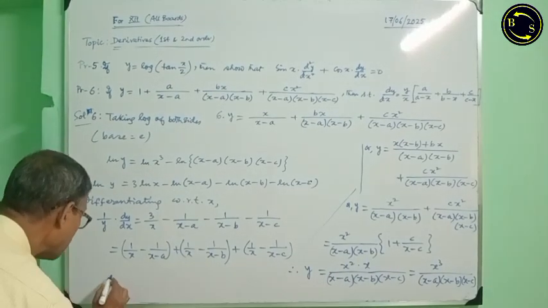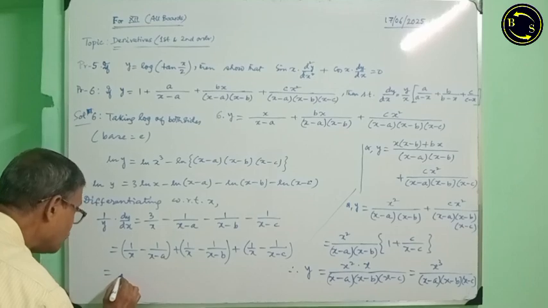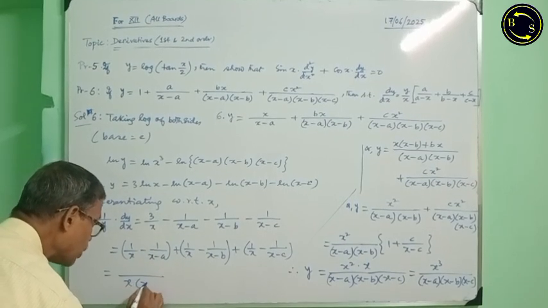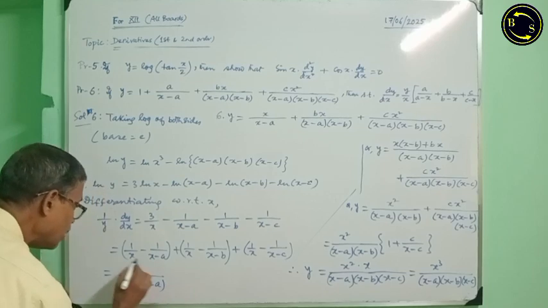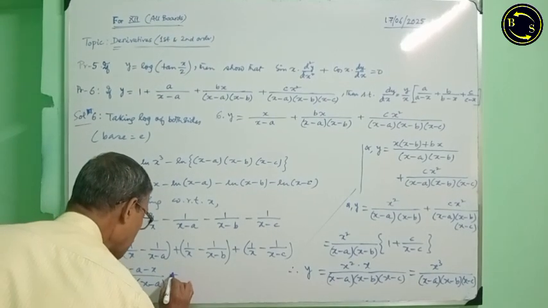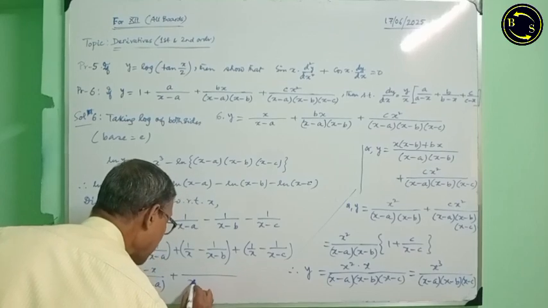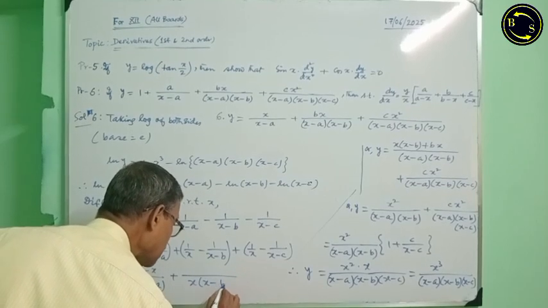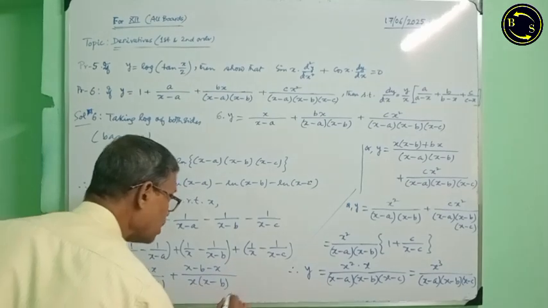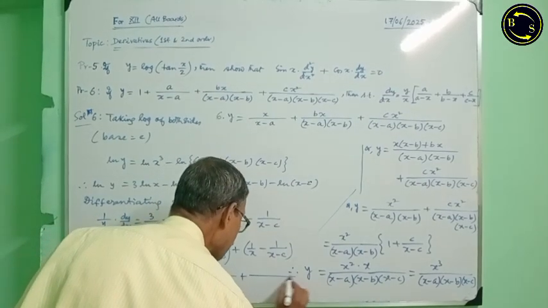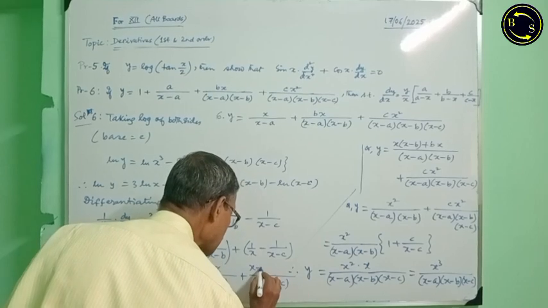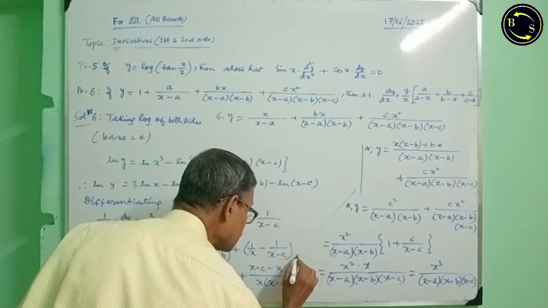Now we simplify. For this one, denominator will be x into x minus a, minus x plus x into x minus b, minus x plus x into x minus c, minus x.